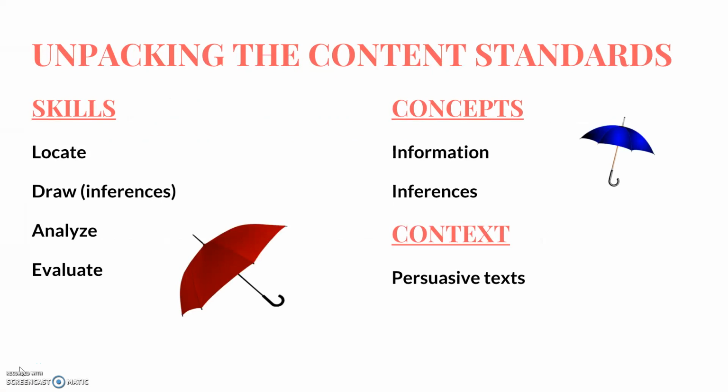For the content standard that we've been working with, we discovered the skills to be locate, draw, analyze, and evaluate. The concepts are information and inferences, and the context is persuasive texts.